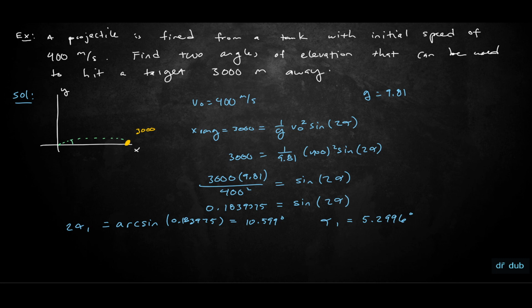Or I could say 2 times alpha 2 would be 180 minus alpha 1.